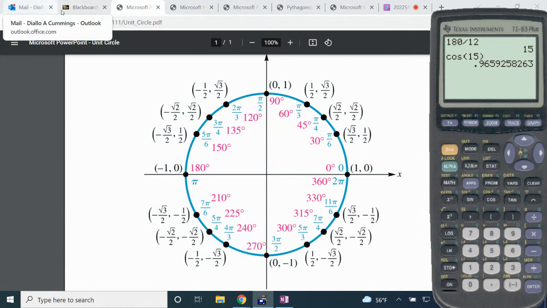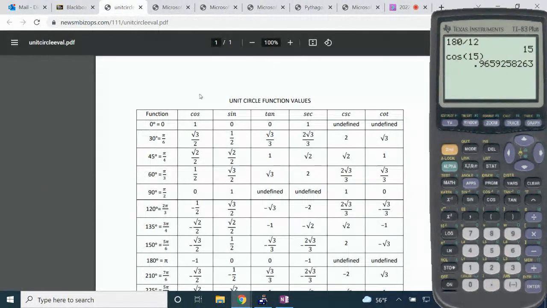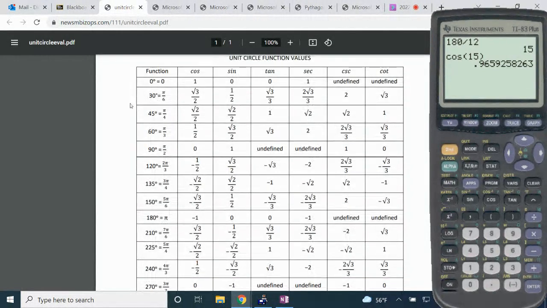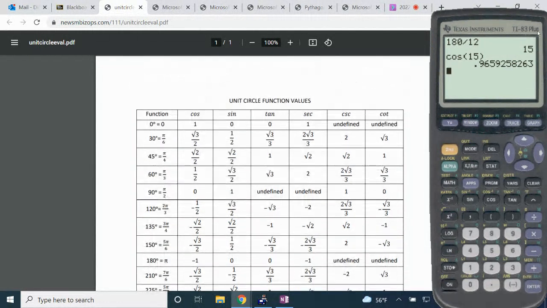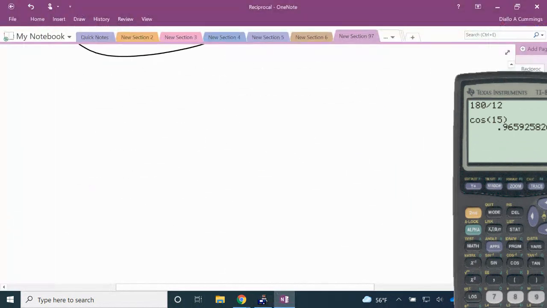However, we can use the unit circle function values chart. We're going to see how this also plays in on what we're doing. So let's go back to our question. How can we find the exact value for the cosine of 15 degrees?